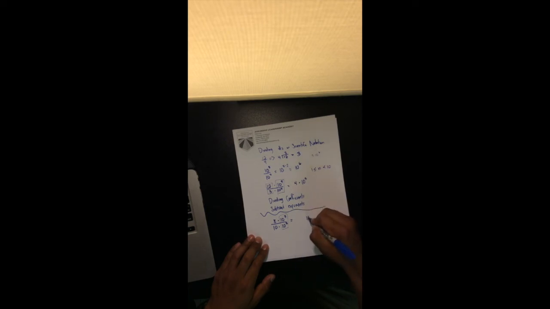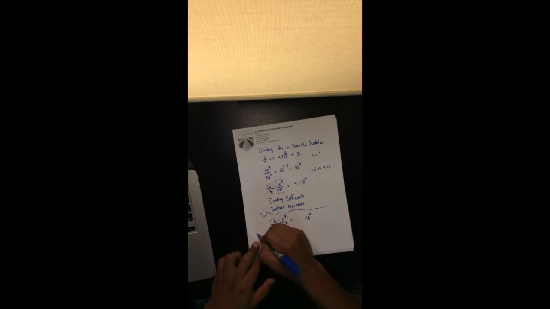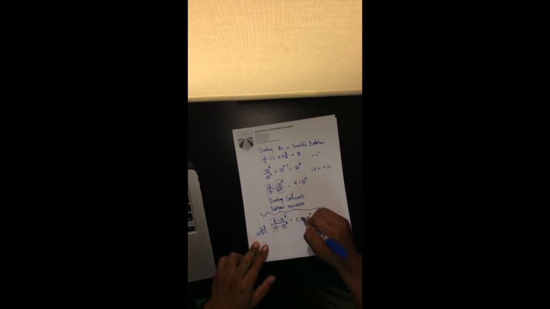That's just going to give me 10 to the 4th. Don't forget multiplication. Then I would look at this. All you're doing is dividing. So 10 outside, 8 inside. How many times can 10 go into 8? 0. Add a decimal and a 0. How many times can 10 go into 80? 8 times. So now we have 0.8 times 10 to the 4th.